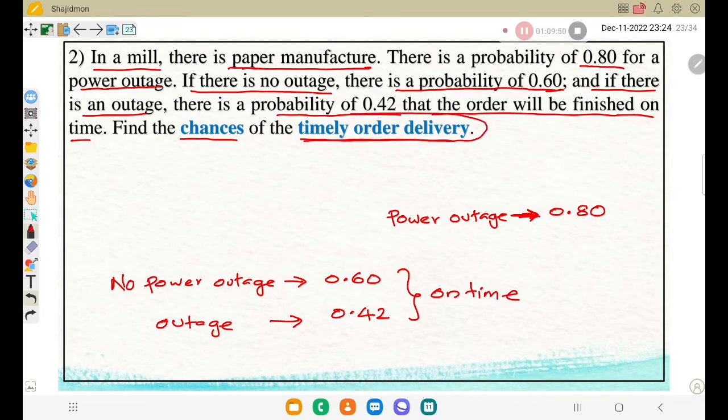Timely order delivery is our main event, which we represent by A, correct? So what are the partitions here, and what is the event we are considering? You can think about that. What are the partitions actually? Power outage and no power outage, correct?